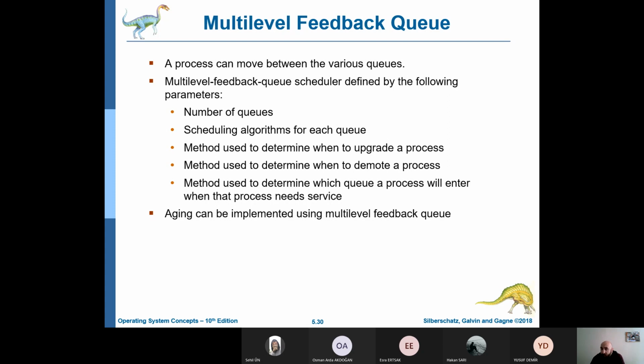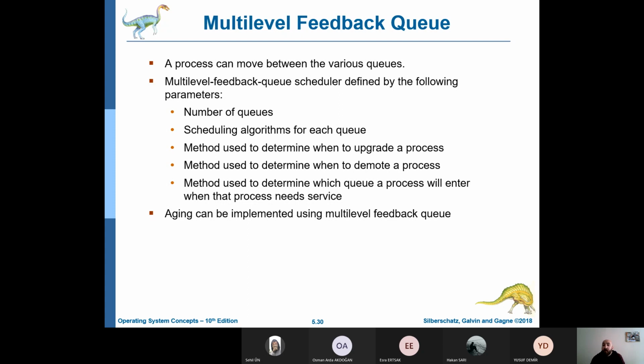This scheme leaves IO-bound and interactive processes, which are typically categorized by short CPU bursts, in the higher priority queues. In addition, a process that waits too long in a lower priority queue may be moved to a higher priority queue. This form of aging prevents starvation, which we already described.